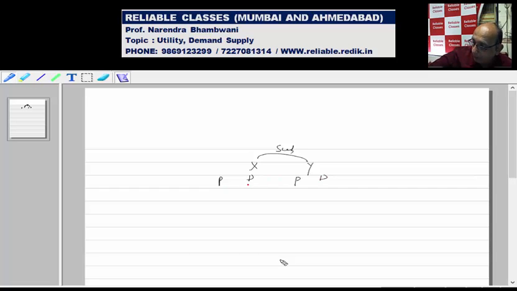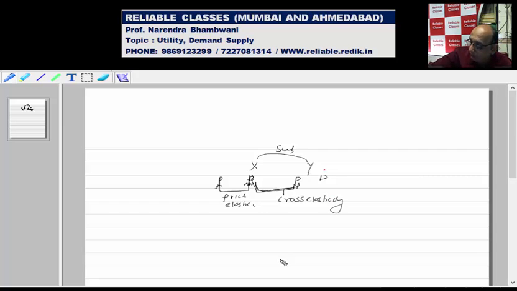Now if you compare demand of X and price of X, it is called price elasticity. If you compare demand of X with price of Y, then it is called cross elasticity.